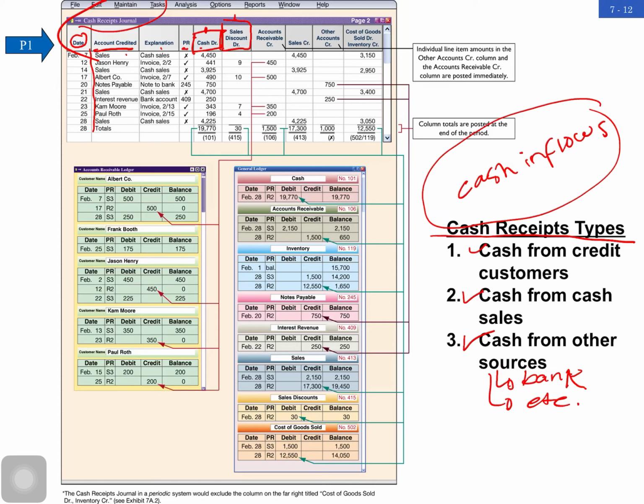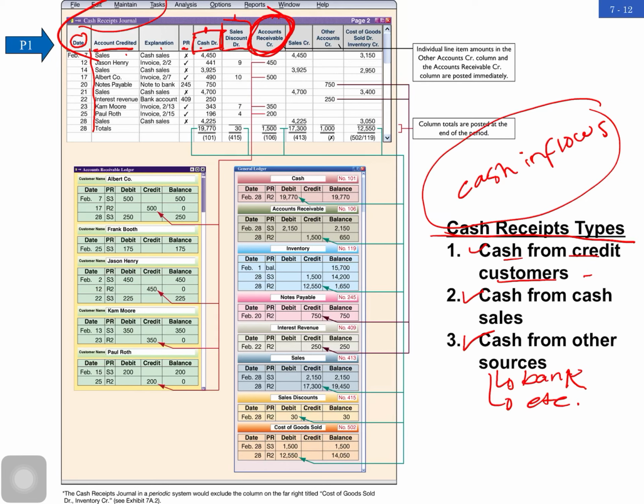And then next is accounts receivable. When you make a cash receipt journal, you have to write the accounts receivable column, because one of the sources of cash receipts can be cash from credit customers, right?